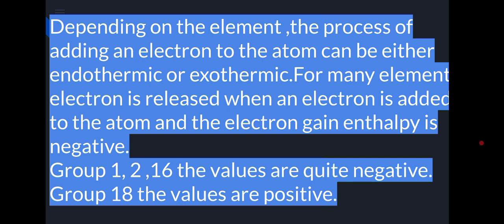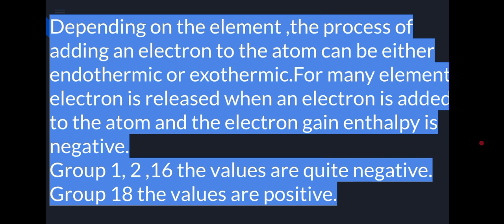So whenever energy is released, we know that the value is negative, and when energy is absorbed, it is positive. So most of the elements have a negative electron gain enthalpy, because the energy is always released, okay, and there is stability in the system.